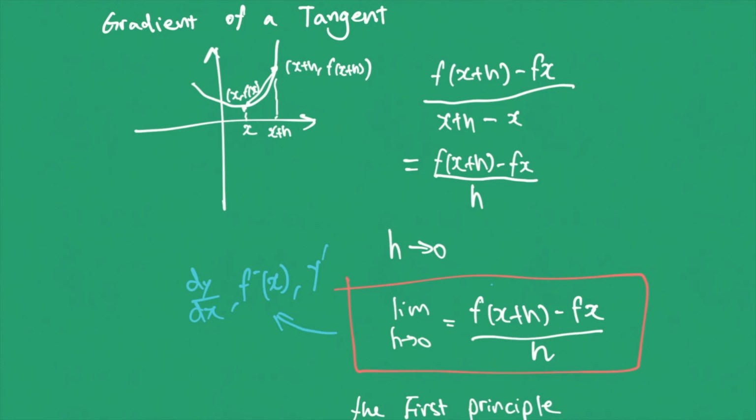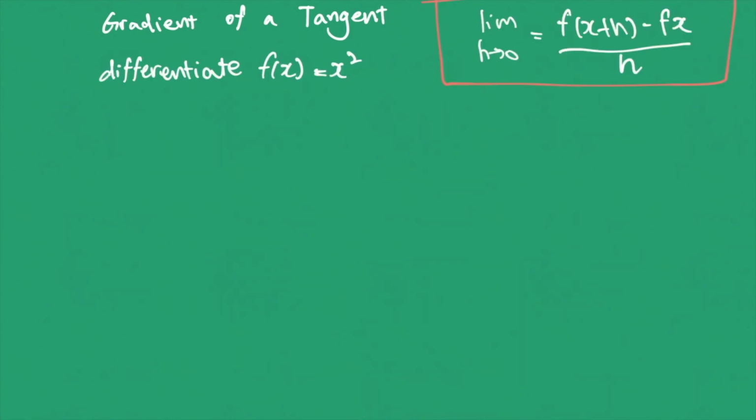Okay, now let me show you an example of differentiating a function by using the first principle. For example, if we want to differentiate x squared, we need to sub x plus h into x squared. So the derivative function of x squared would be the limit as h goes to 0 of (x plus h) squared minus x squared, over h.